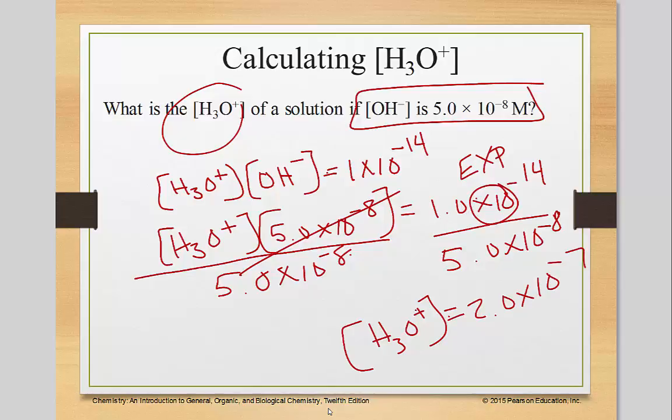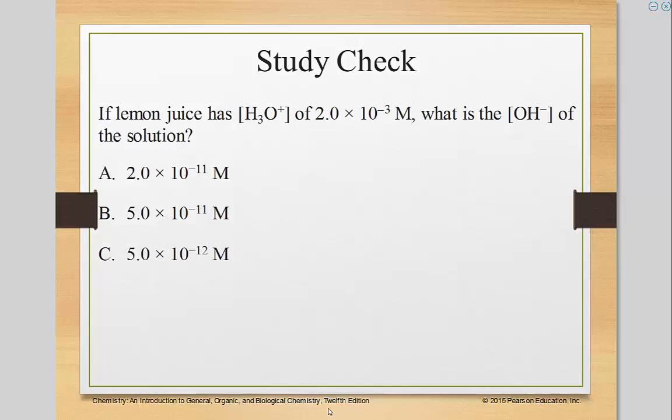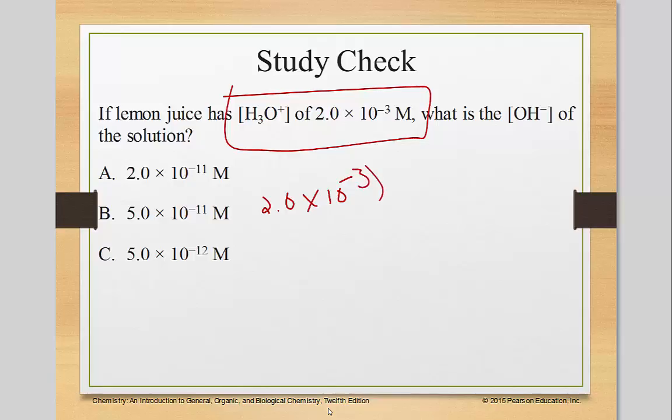Let's try one last one. Lemon juice has a H3O plus concentration of 2.0 times 10 to the negative 3, so that's going to be our H3O plus. What is the OH minus of this solution? So 2.0 times 10 to the negative 3 times the OH minus concentration, which is what we're looking for, is equal to 1.0 times 10 to the negative 14.